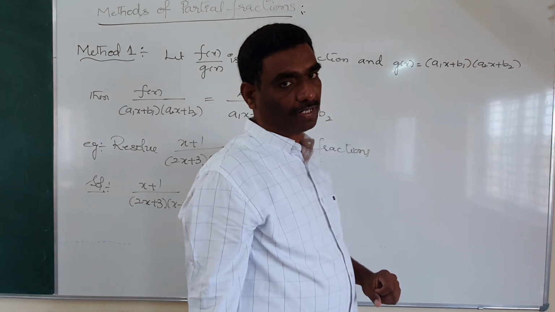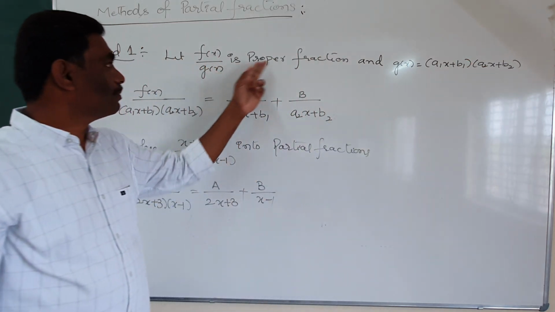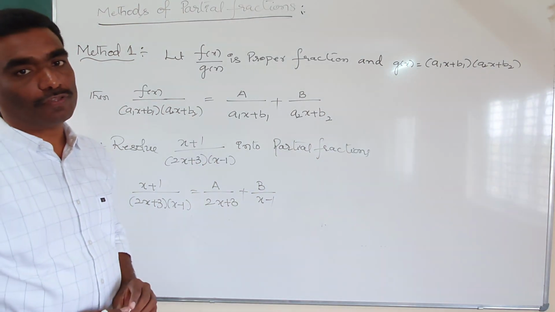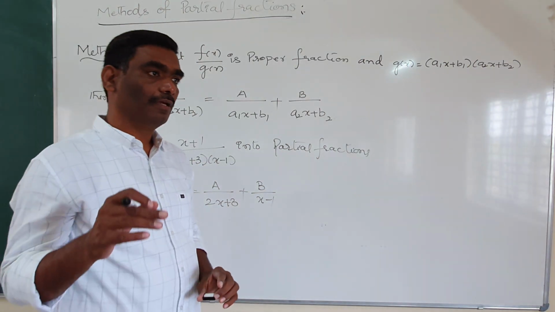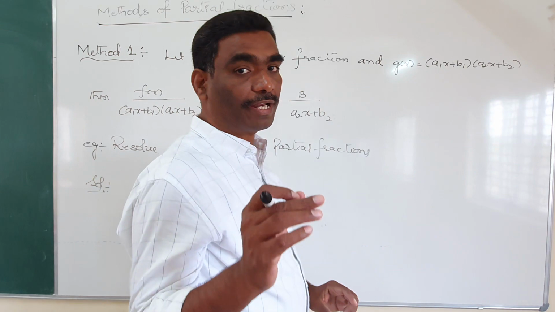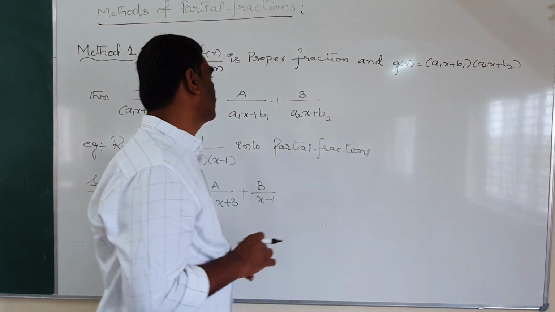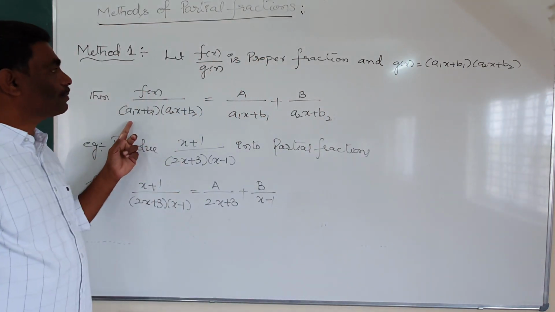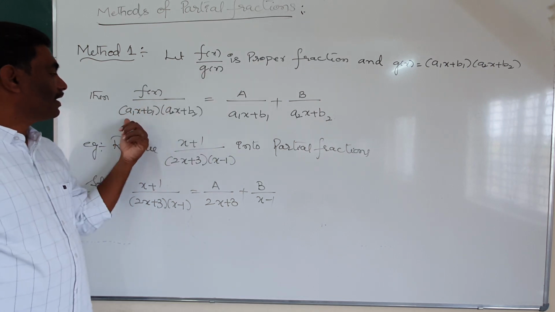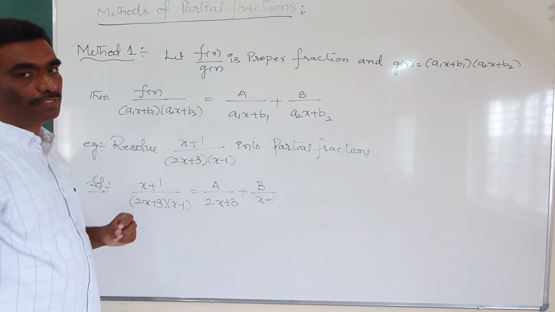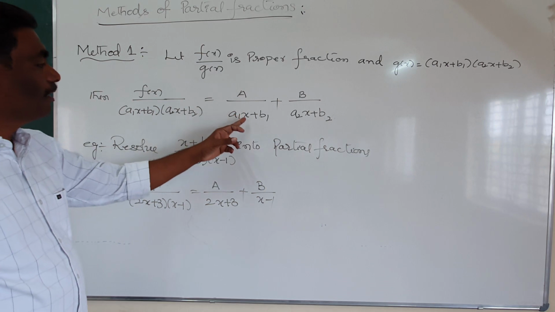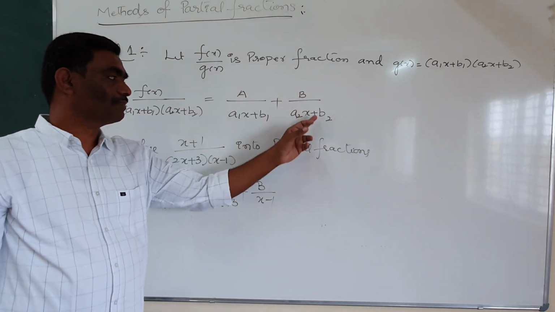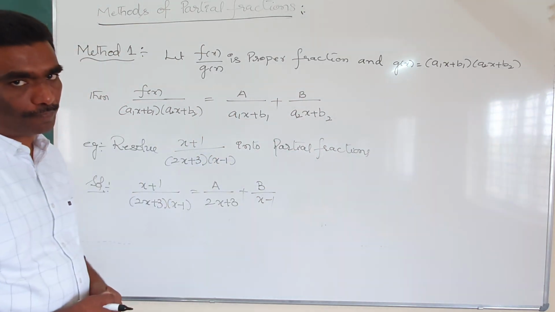Non-repeated linear factors. f(x)/g(x) is a proper fraction and the denominator g(x) is the product of non-repeated linear factors. Then f(x)/((a1x + b1)(a2x + b2)) can be written as A/(a1x + b1) + B/(a2x + b2).